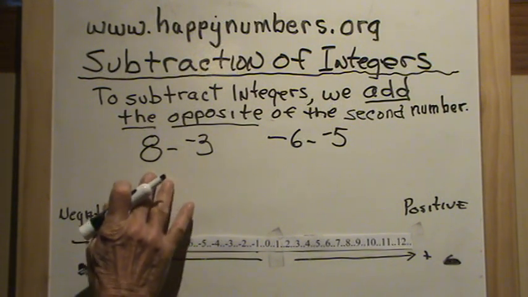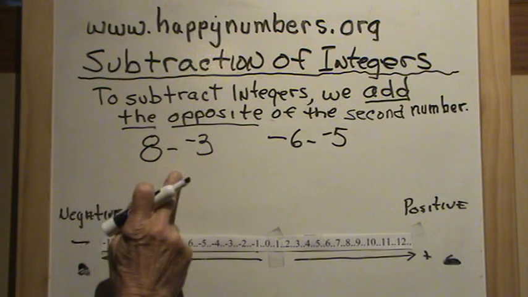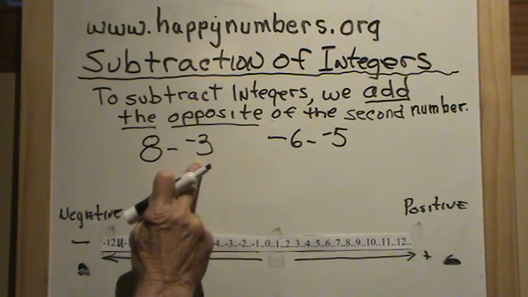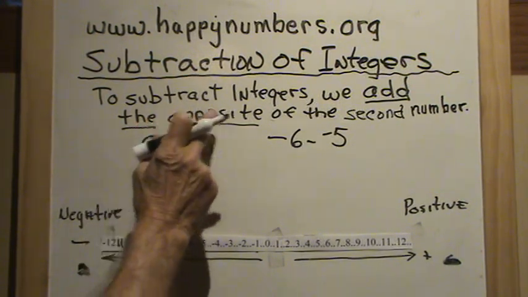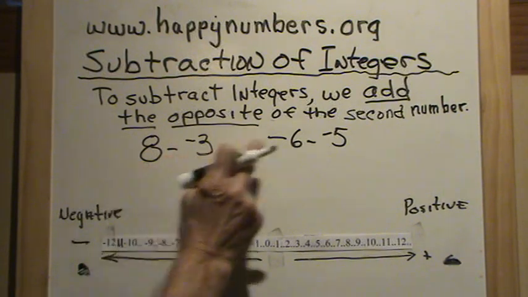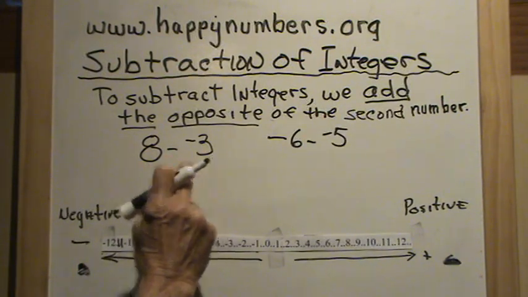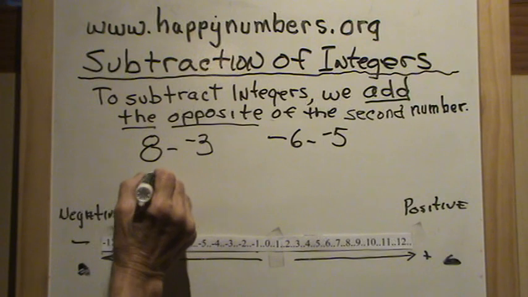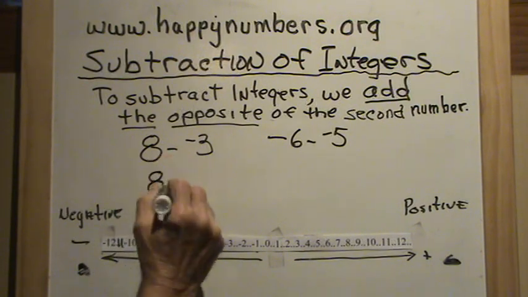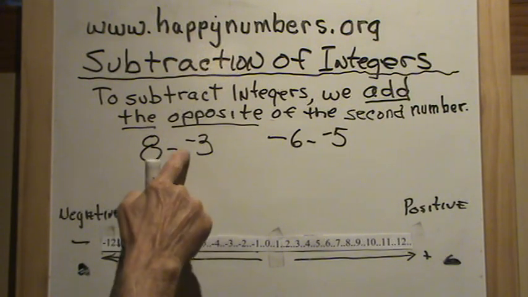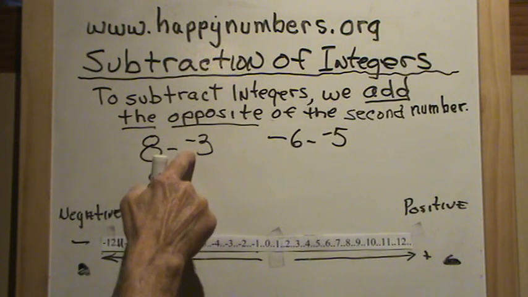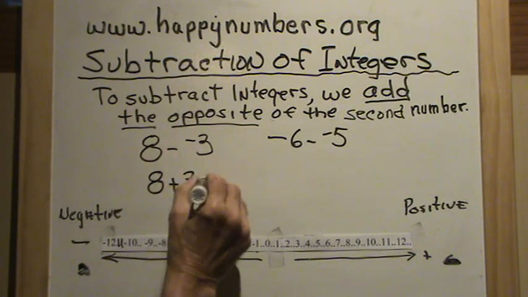See how we did here? We have a positive 8 minus a negative 3, and I know if I'm subtracting integers, I have to add the opposite of the second number. So I have to rewrite the problem. 8, this becomes a positive sign. I change this to the opposite of negative 3, which is positive 3.